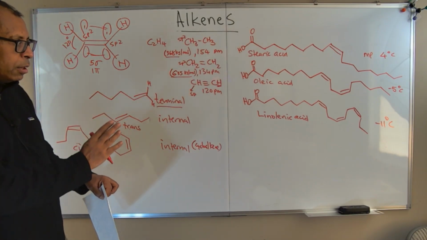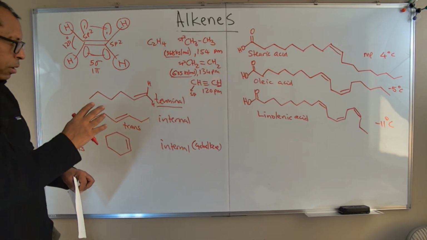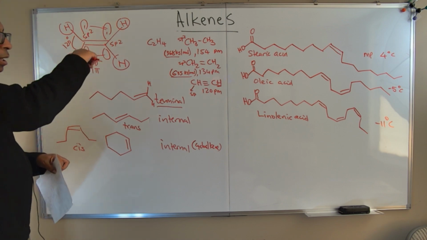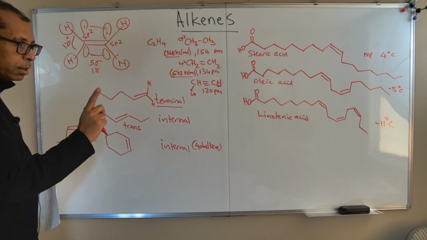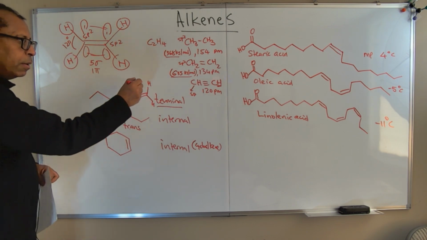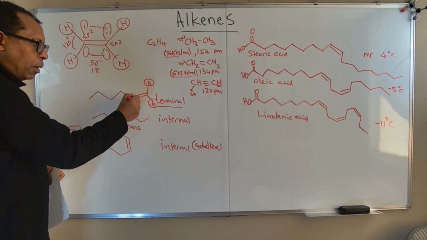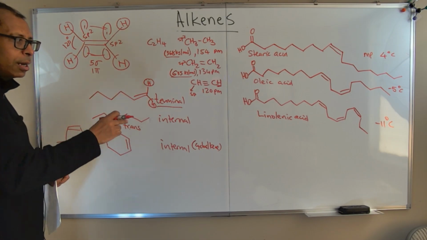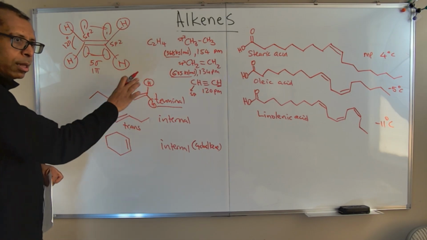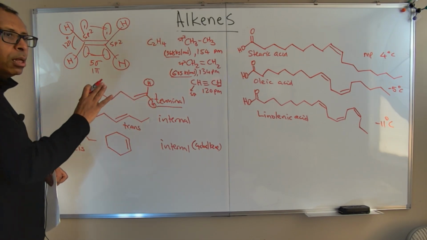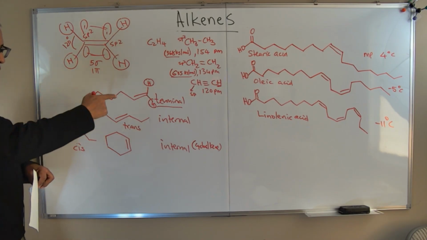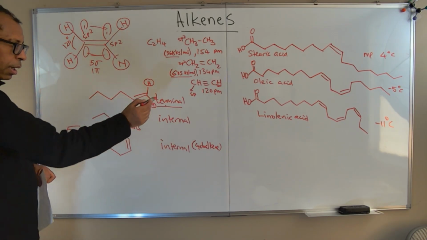Remember, cis and trans, E or Z is a property of alkenes. Terminal alkenes don't have cis and trans because these two hydrogens on top of the double bond and down the double bond are the same group. You cannot differentiate between the two, so there is no cis-trans isomerism for a terminal alkene.